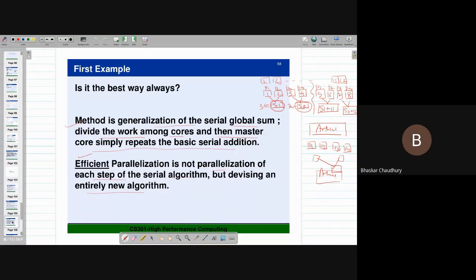P2 first gives the number to P1, and then P1 adds it. What I'm saying is P1 has only 1, P2 has 2, P3 has 3, and P4 has 4 as data. P2 first gives the data to P1, and then P1 does the addition. But P1 has to communicate with P2 to get the data itself. You got it, right?